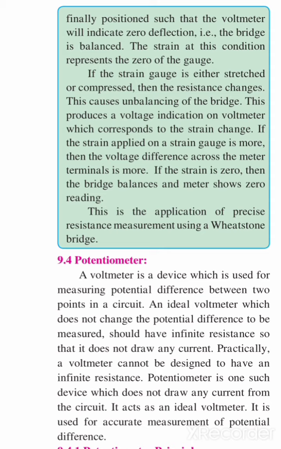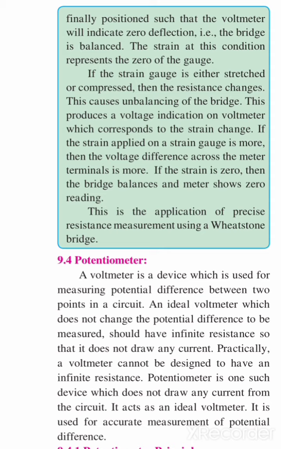If we compress or stretch the strain gauge, the change in resistance value unbalances the bridge, and due to this there is a change in the voltmeter reading, which gives us the change in strain value.